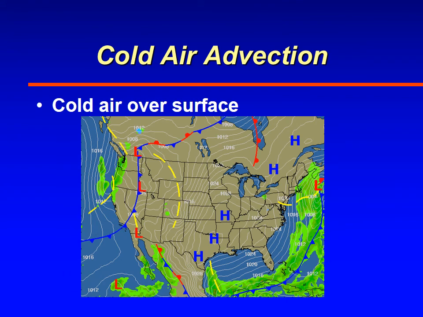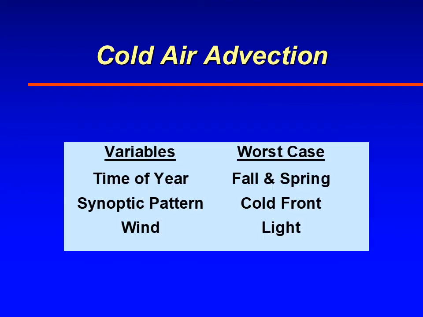In the nice high pressure dome behind a cold front, usually the air is also pretty cold, and the winds are usually pretty light when you get toward the center of the high. So when do you find cold air advection, in other words, when do you find these cold fronts moving out of Canada?